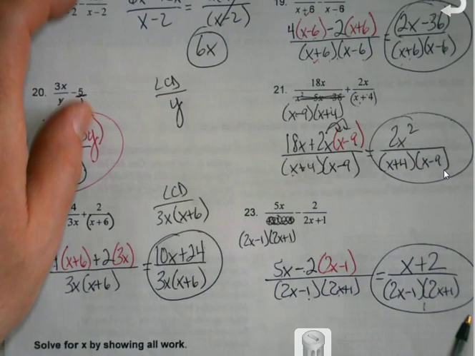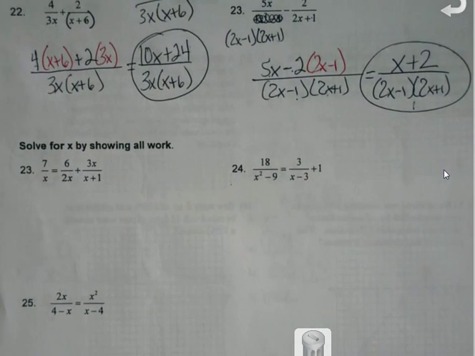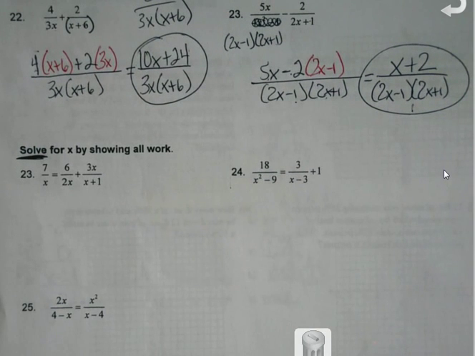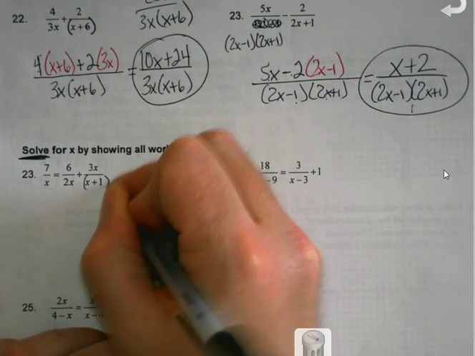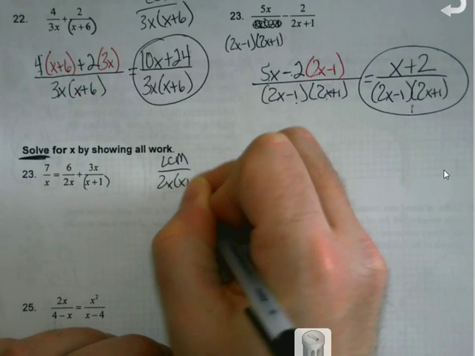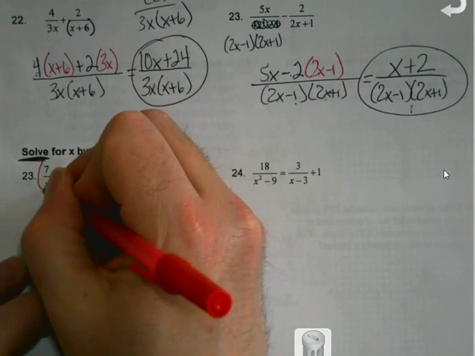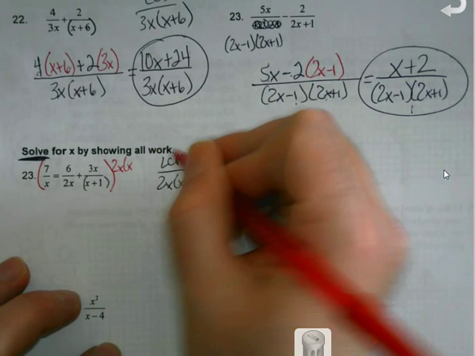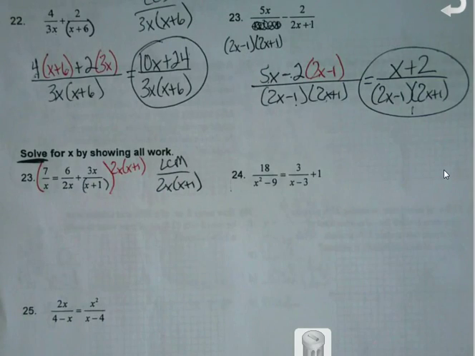Once the rules change, and all of a sudden now you're being asked to show work and solve, the magic word being solve. Once you have that least common multiple, parentheses, we multiply through by that least common multiple, which is going to get rid of all the fractions.